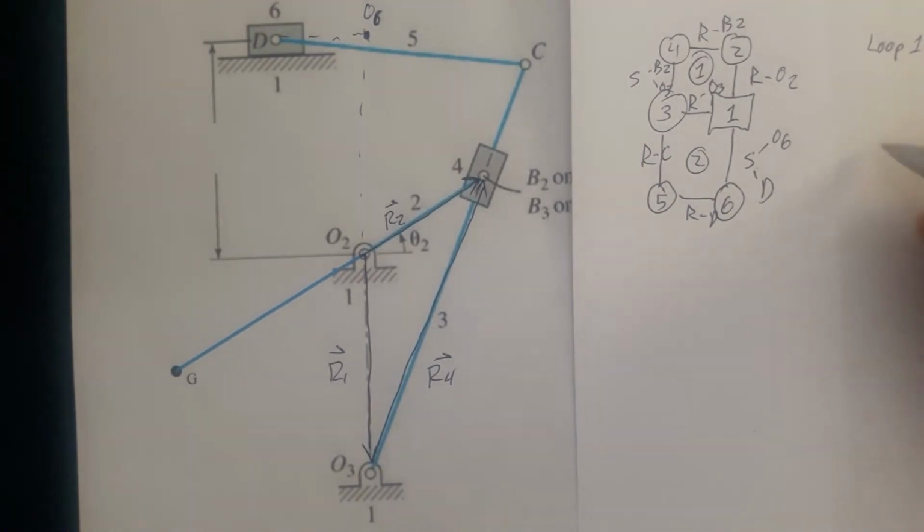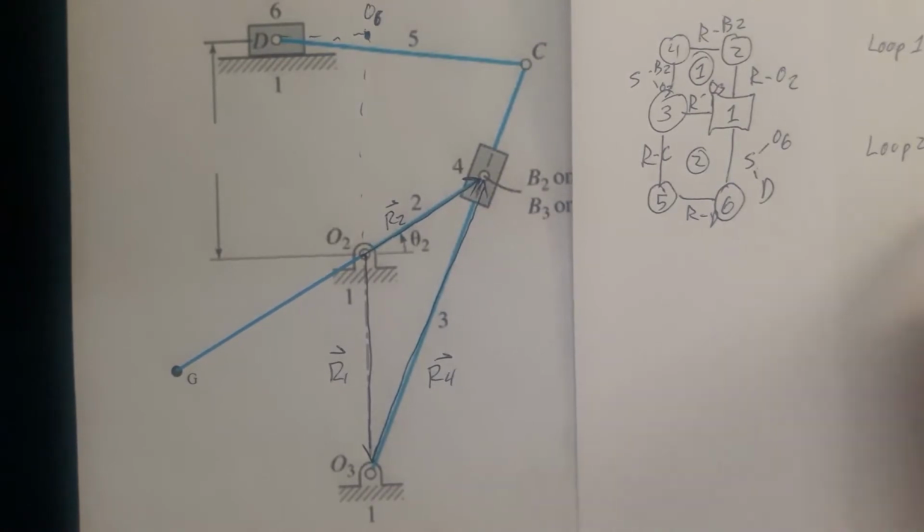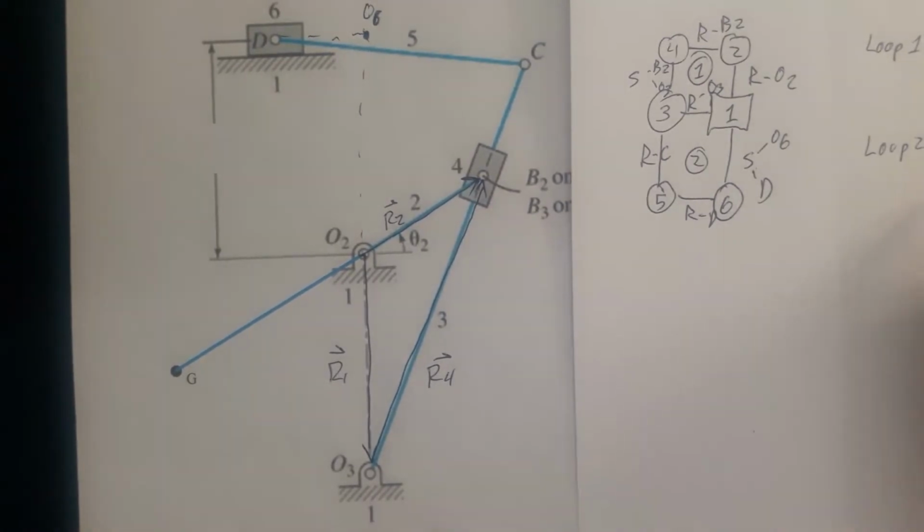Now for my loop 2, I've got points O3, C, D, O6, and then back to O3. And so I'm going to go on one side of my equation.